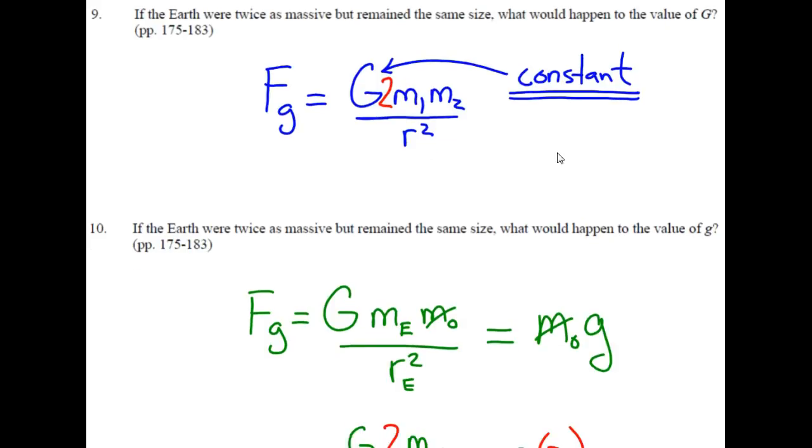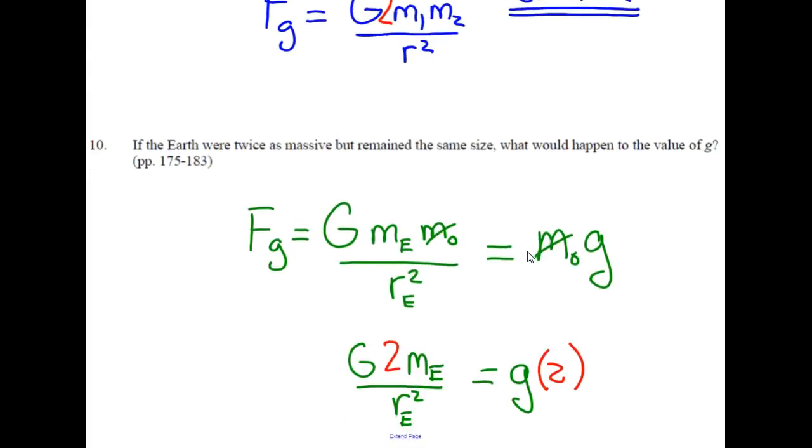On to number 10, a similar question. If earth were twice as massive but remained the same size, what would happen to the value of little g? Here we see Fg equals big G, mass of the earth, times mass of the object placed on the surface of the earth, divided by the radius of the earth squared.